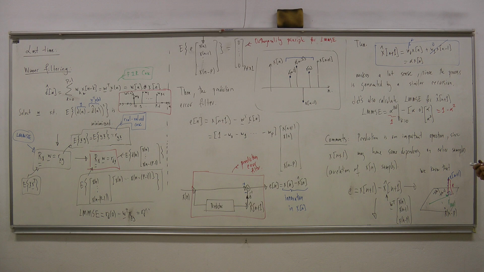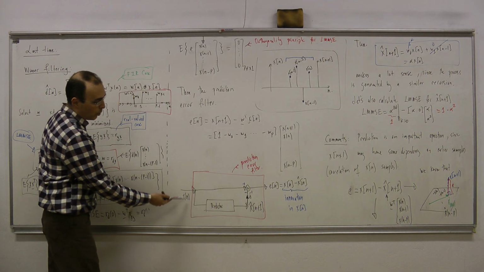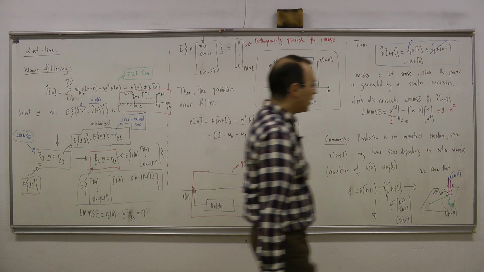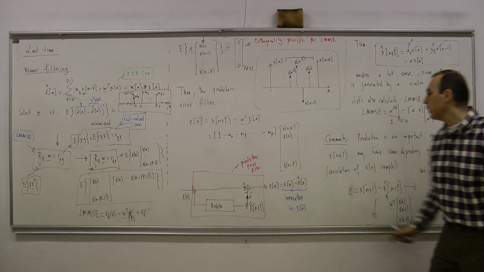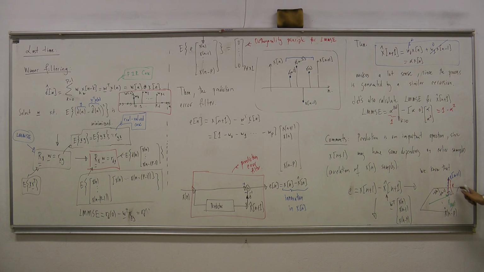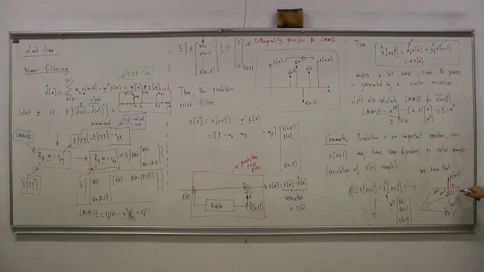So why is this important? This is essentially equivalent to some kind of an orthogonalization principle. Now if I have x of n plus 1 over here, some part of it is already contained in the span of this. So the interesting part is maybe this part, E. This E is the novelty. E is orthogonal to the previous observations, and this is the new information that is not covered in the span.